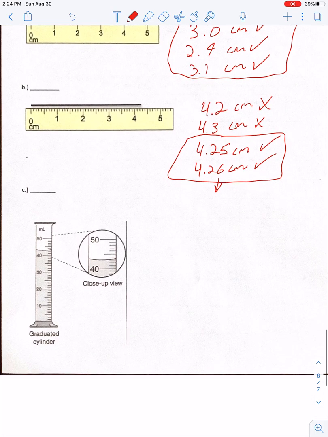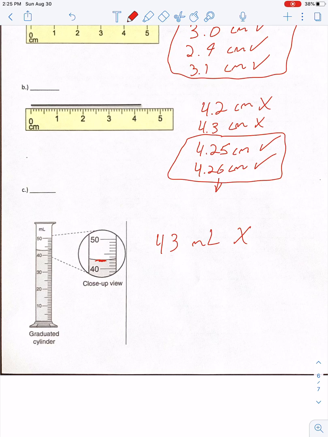Letter C, okay, graduated cylinder. You always measure from the bottom of the curve. So if we look at our close-up, we know we're in between 40 and 50. Then our tick marks actually go up by 1. So that's 41, 42, 43, 44. It looks like it's pretty much right there on 43. So if you were to tell me 43 milliliters, you'd be wrong. I can see those ones.